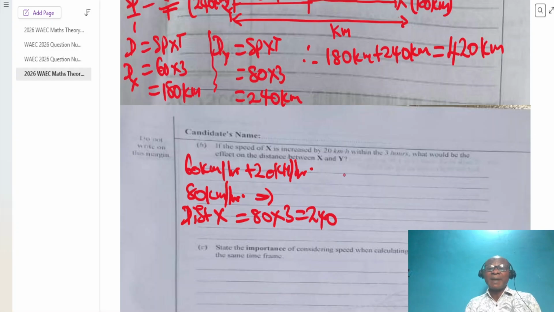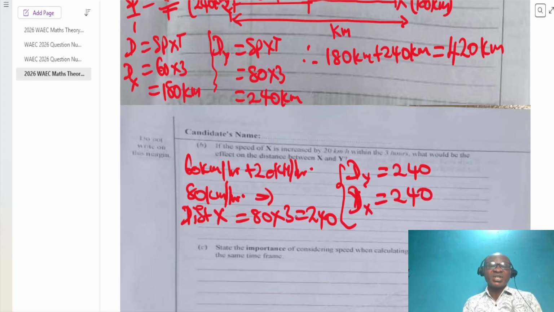Now, recall that from question A, the distance of Y was 240. Now, the new distance of X, because its speed has been increased by 20 kilometers per hour, is now going to be another 240, because 60 kilometers per hour plus 20 kilometers per hour will now be 80 kilometers per hour multiplied by the same 3 hours.